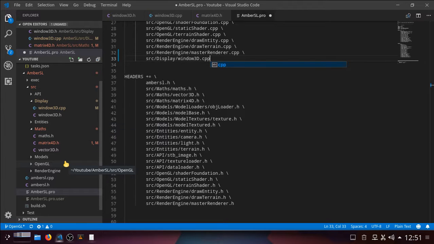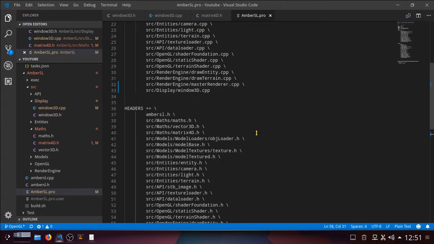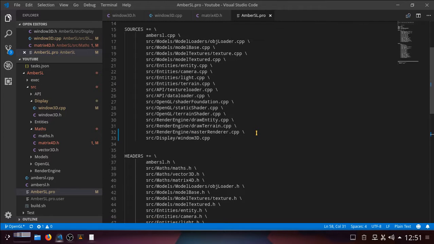Right, so let's make sure I get it right. Source, display, Window3D, CPP, yeah. Take that line, copy, and paste to a H. Lovely. Amber SL Pro is complete. That is the final version of it.